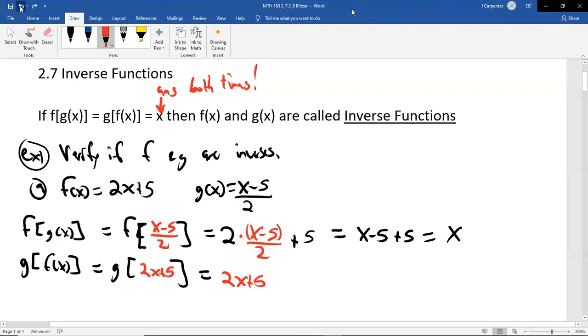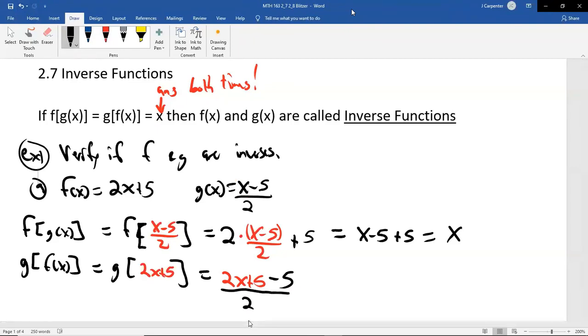But then after that x, there's a minus 5, and then the whole thing is over 2. Now, if you cancel the 2 right here, that is technically not correct because the 2 doesn't go into those 5s. Ultimately, they will cancel each other out, but that's because of something else. The 5 minus the 5 cancel, so that's just 2x over 2, and because there's no pluses or minuses, now those 2's do cancel directly, which is just an x.